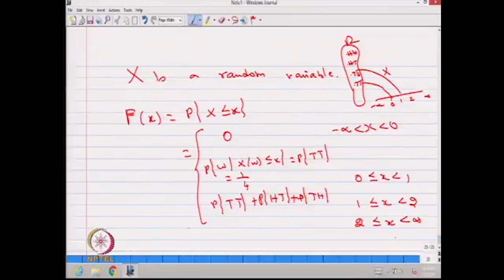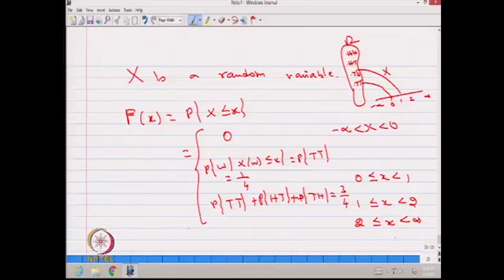So all these possibilities give the value of the probability of X less than or equal to x when x lies between 1 and 2. We know that the probability of TT is 1 by 4, HT is another 1 by 4, TH is another 1 by 4. Therefore, the probability is going to be 3 by 4.